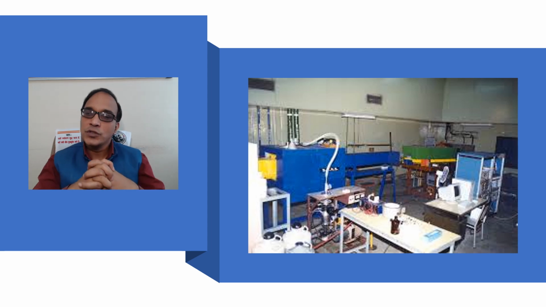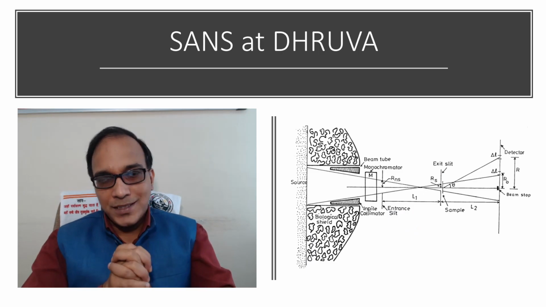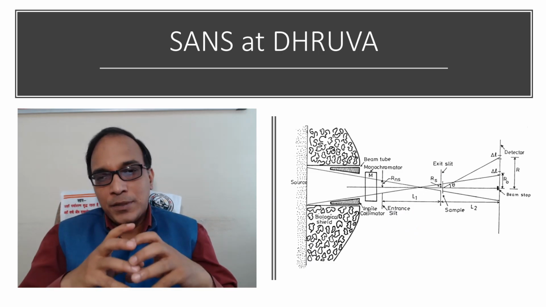We have been using small angle neutron scattering, and in India this is the only lab which provides SANS, and in the world there are a couple of, if not more than 20, maybe, setups of this kind available.